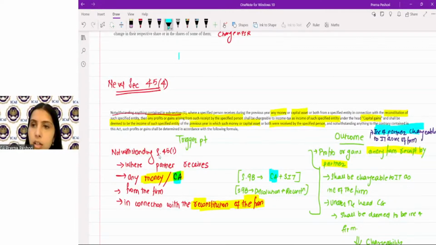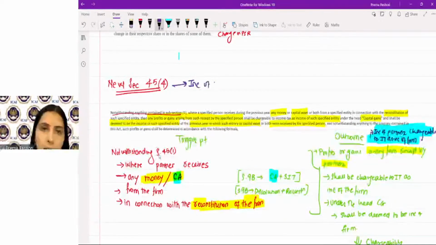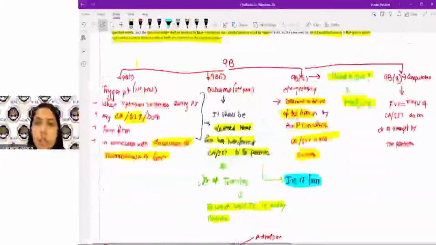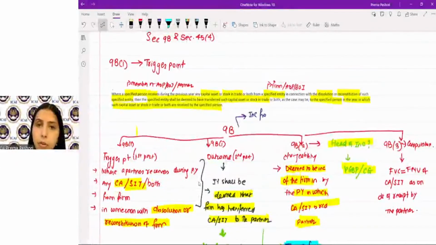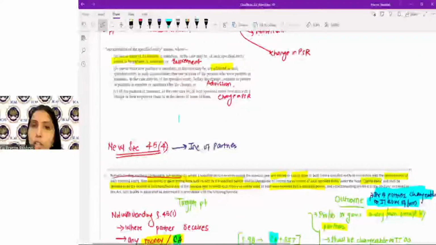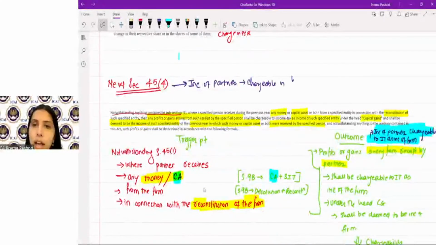Are we clear? So did you understand the difference between 45.4 and 9B? 45.4 is the income of the partner, and 9B is the income from deemed transfer by the firm. So under 45.4, this is the income of the partner which is chargeable in the hands of the firm under the head capital gains, and shall be deemed to be the income of the firm.